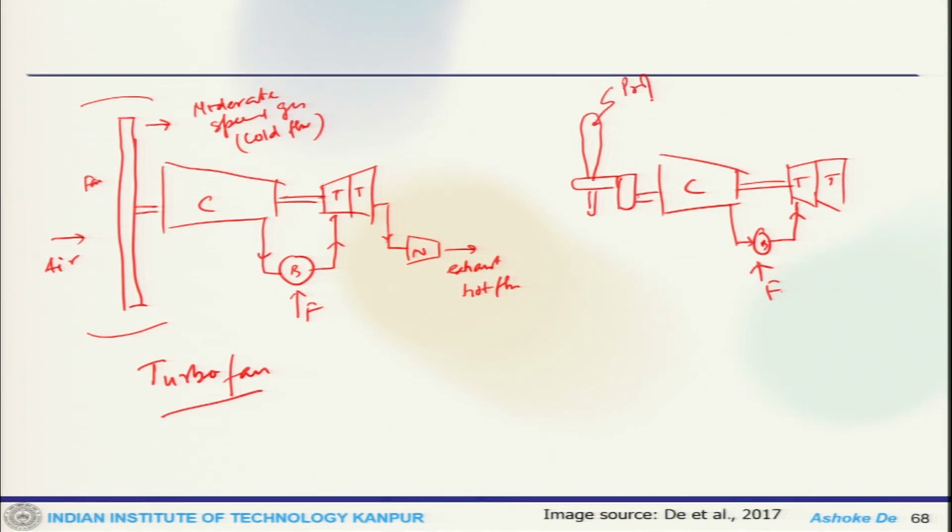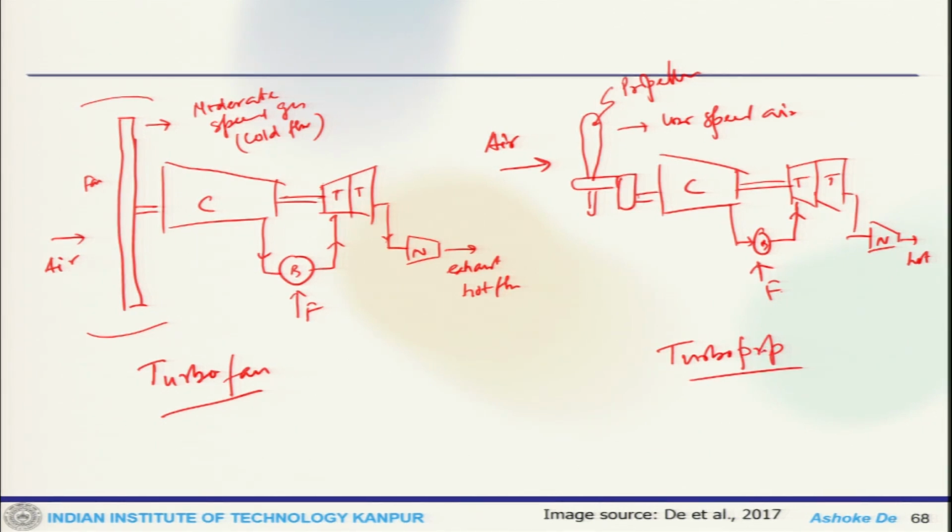This is the propeller, this is low speed air. Here is the air inlet, and finally it passes through the nozzle to hot gas. So that is your turboprop.